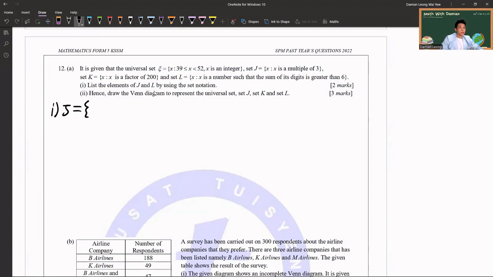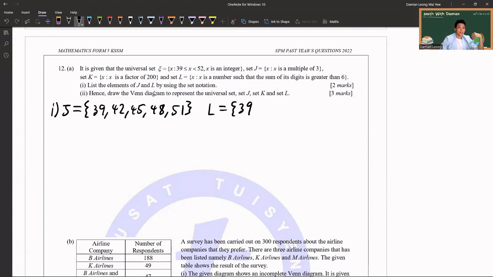So set J, multiple of 3. It must be within the universal set here. So multiple of 3 within universal set, I have 39, 42, 45, 48, and 51. Then set L, sum of its digits greater than 6. So means when we add the two digits together, like for example, 3 and 9, 39, 3 plus 9 is 12.